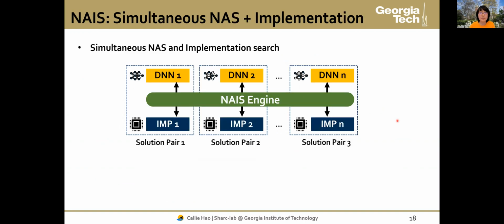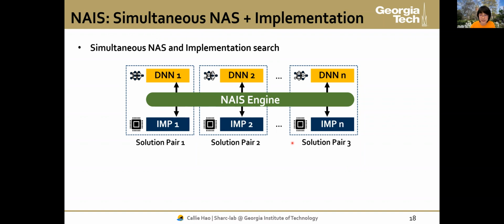So this is a big picture of how NICE is supposed to work. NICE is a true simultaneous NAS and implementation search. Assume we have a NICE engine. What we expect is to get solutions in pairs. Solution pair 1, we have DNN 1 and its corresponding implementation. For solution pair 2, we have DNN 2 and its implementation 2. These solutions are generated in pairs and also automatically.